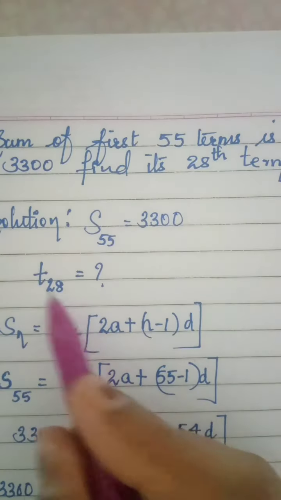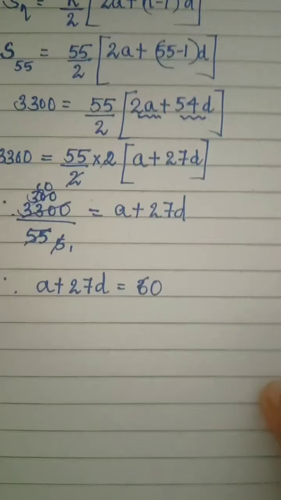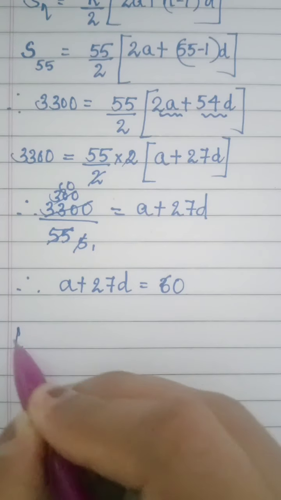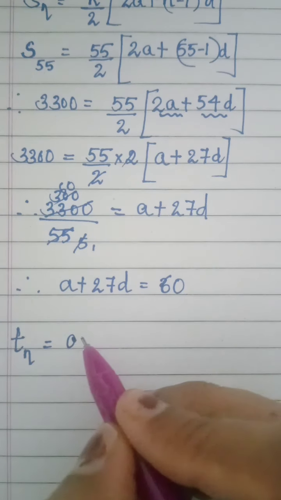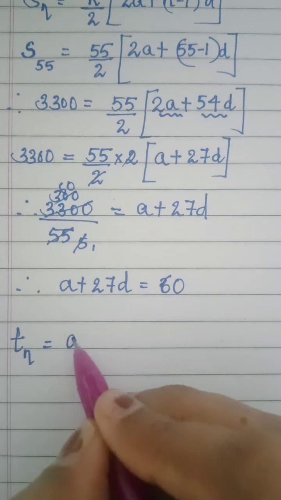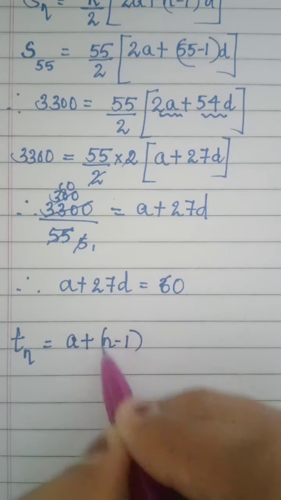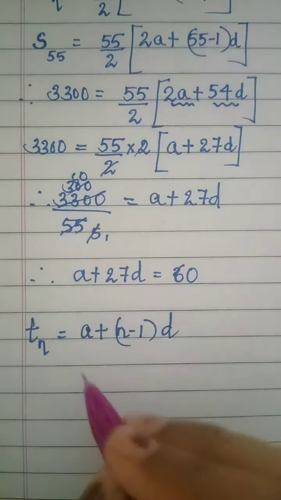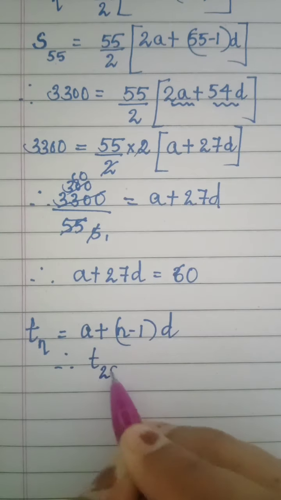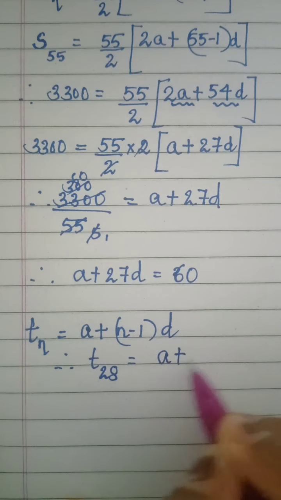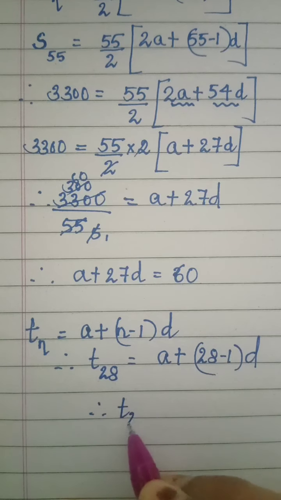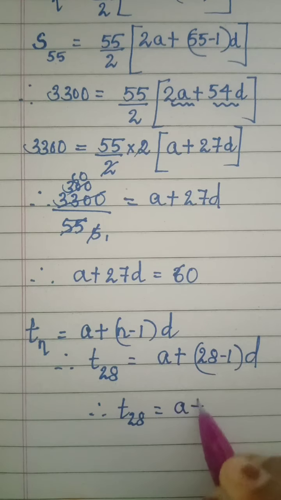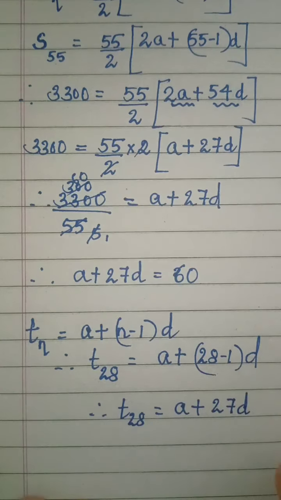Now my main question is find 28th term. Do you know the formula for the nth term? Yes. Tn is equal to, what is it? A plus n minus 1 into d. So Tn means we want the 28th term. N we know. Therefore T28 is equal to a plus 28 minus 1 into d. Therefore, T28 is equal to a plus 27d. Yes.